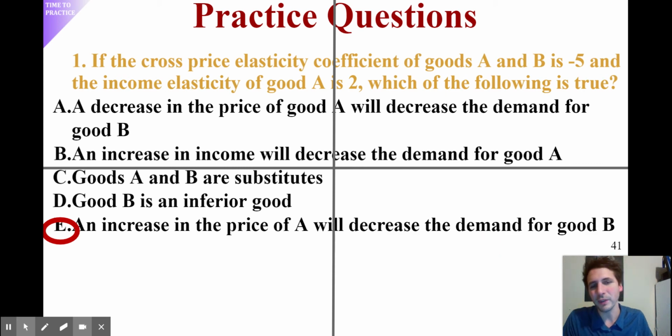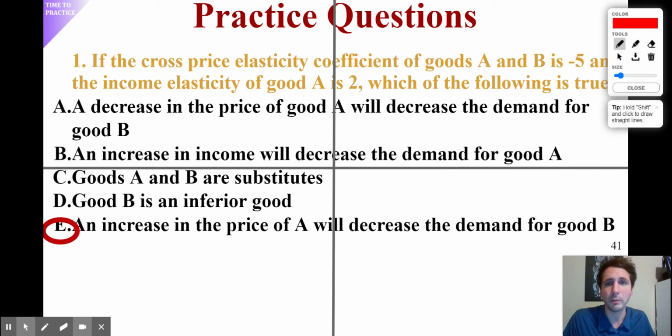An increase in the price of A will decrease the demand for good B. What are we talking about here? Well, if the cross price elasticity coefficient is -5, we know cross price tells us if they're complementary or if they are substitute goods. Remember, negative is always, always complementary goods. And the only way I get that negative number is if they're moving in opposite directions, right?